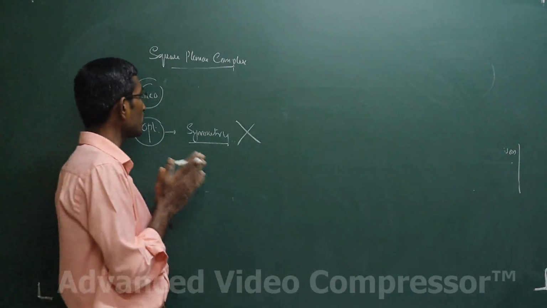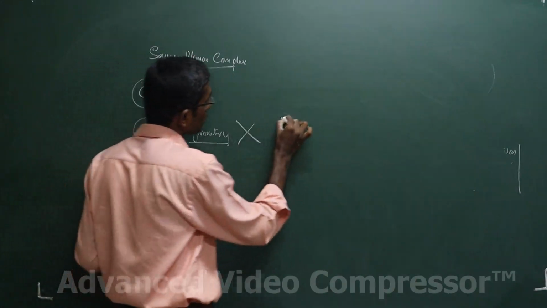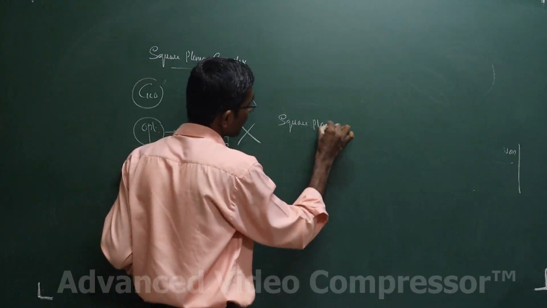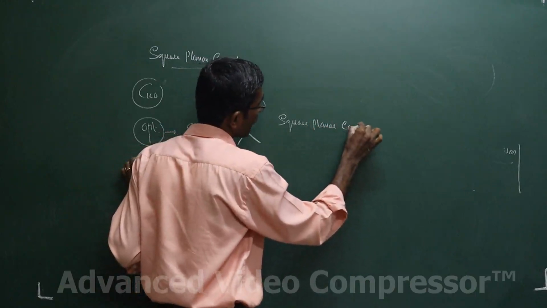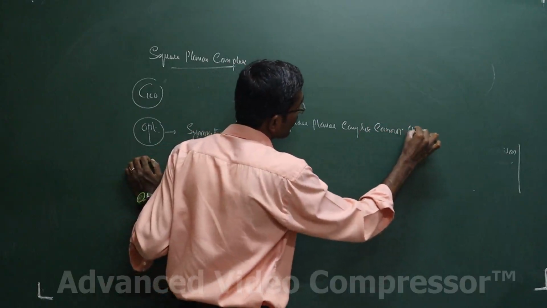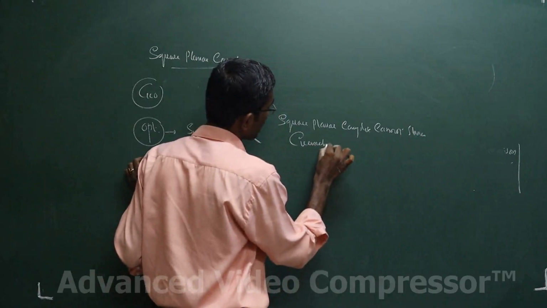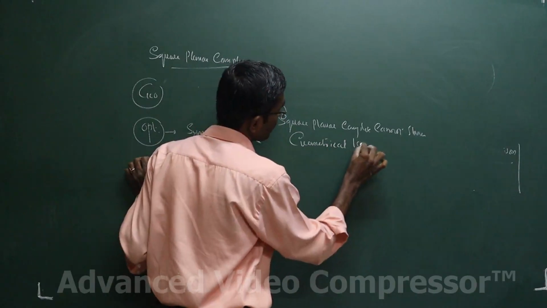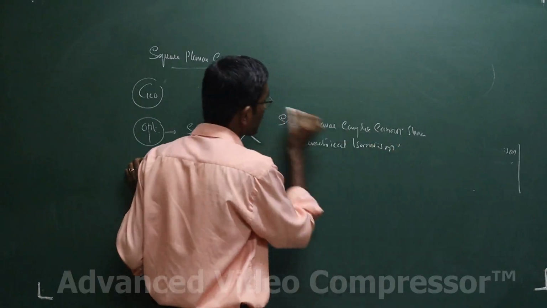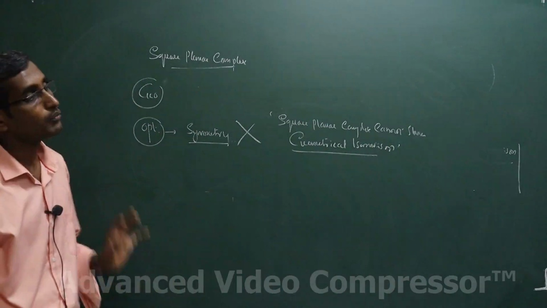Since there is a plane of symmetry, the square planar complex cannot show optical isomerism. Why does it not show it? Because there is a plane of symmetry in the system. They may ask you why it doesn't show.